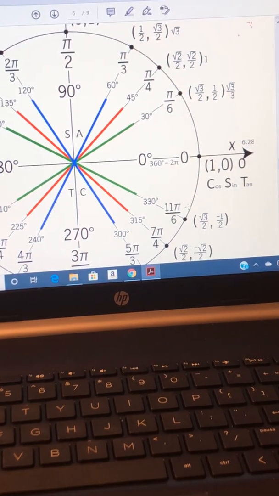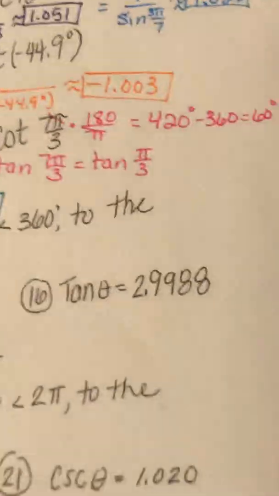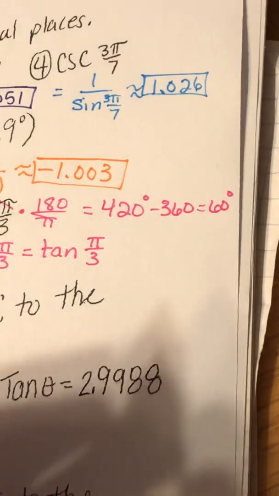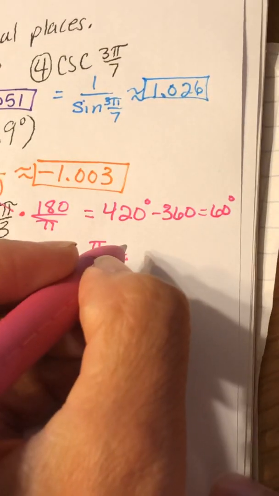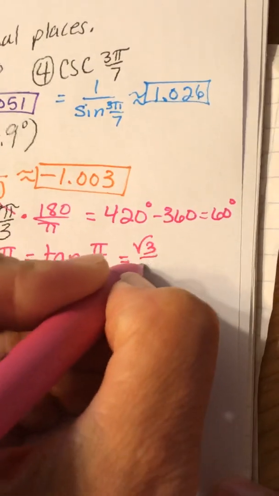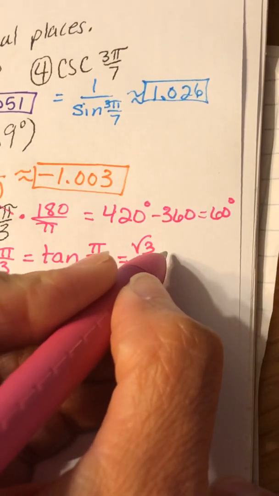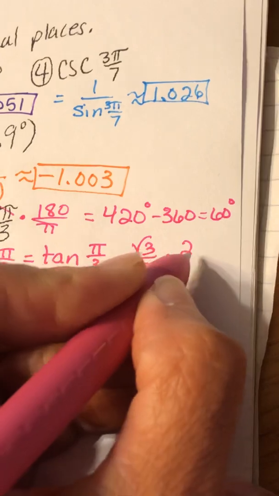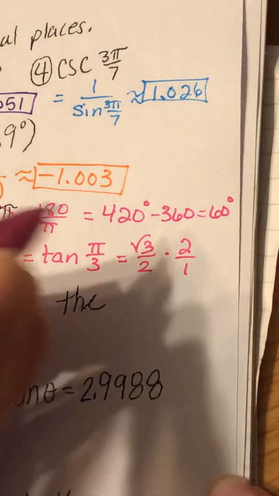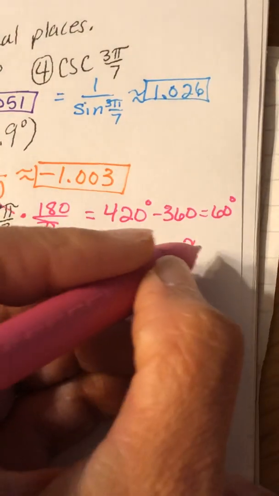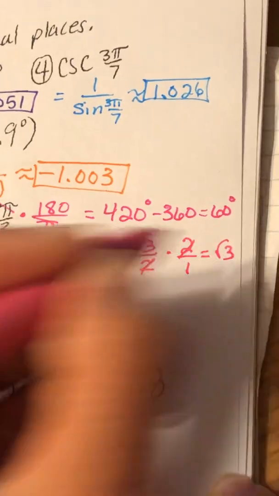Let me go back to the paper. Sine divided by cosine. Oh, sorry. Like earthquake. All right, so sine is square root of 3 over 2 divided by cosine, which is 1/2. When dividing fractions, flip the 1/2 and then multiply. So it ends up being just the square root of 3.